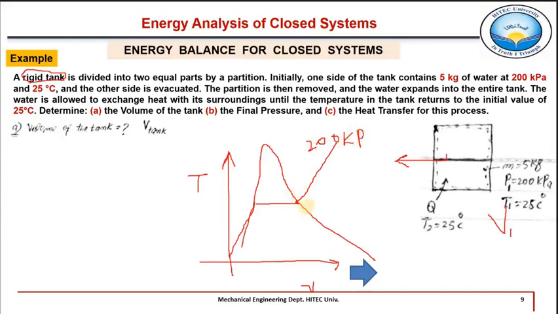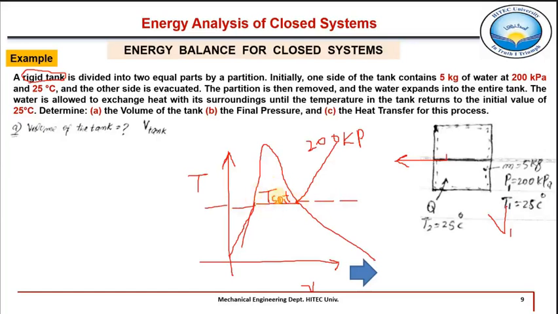This is the saturation condition or mixture region, and corresponding to 200 kilopascal there is one fixed T sat which is inside the dome, right? So for 200 kilopascal there is one fixed T sat which we can see from the table.